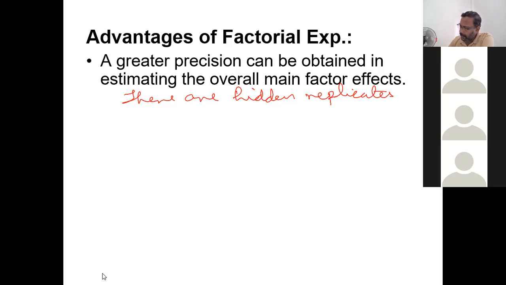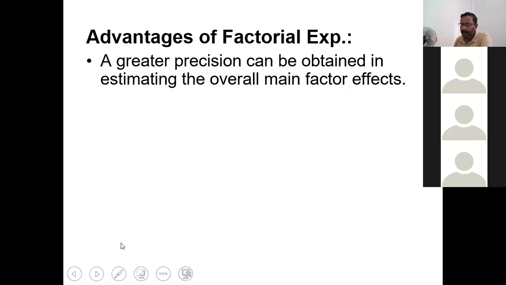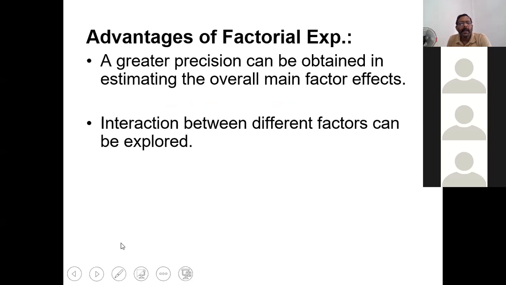The other advantage is that interaction between different factors can be explored. So this is what I said already, interaction. Normally, this is the main objective of factorial. This is the main objective of the factorial, right?